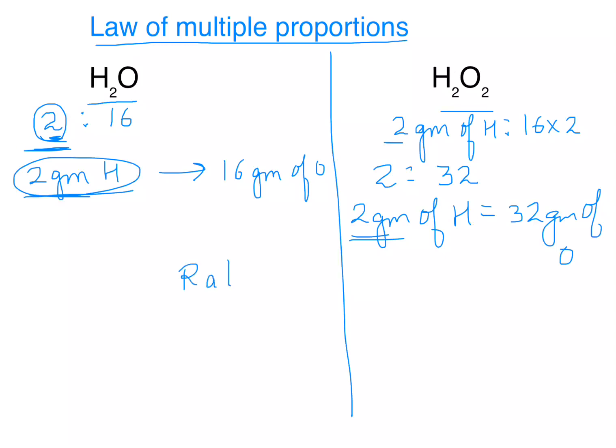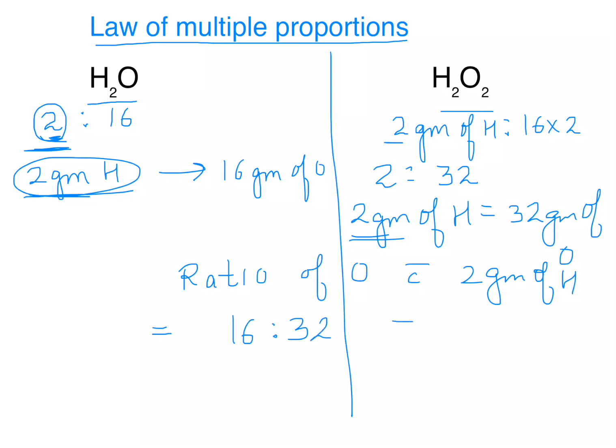So we will say the ratio of oxygen combining with 2 grams of hydrogen would simply be 16:32, which is equal to 1:2, meaning to say that the weights of oxygen in each of the two cases which are combining with a fixed weight of the other element bear a simple ratio to one another.